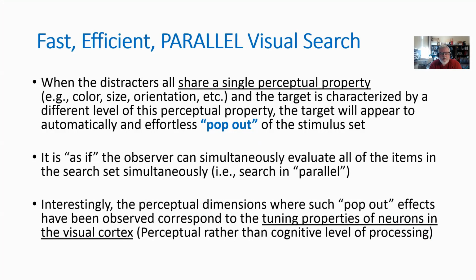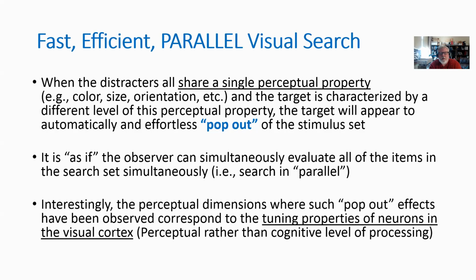So now that we've seen the examples of the two different types of search paradigms that Treisman identified, let's talk a little bit more about each one in turn and explore their primary characteristics. First, let's consider the fast, efficient, parallel visual search. That was the case where no matter how many distractors you added, search time didn't really appear to slow down.